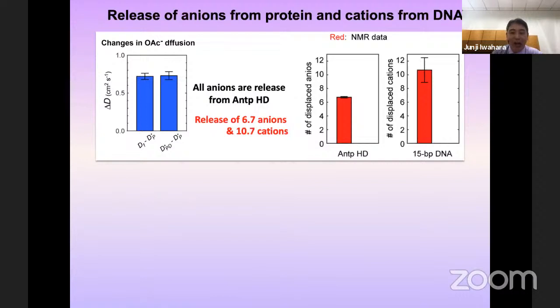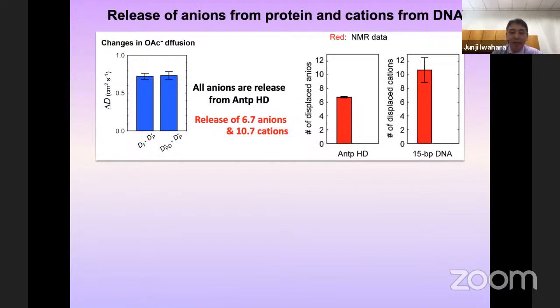In other words, our experimental data showed that 6.7 anions and 10.7 cations are released upon protein DNA interactions. But K_D data, binding constant data at different salt concentrations, predicted 6.9 ion release. So there is a huge discrepancy here.